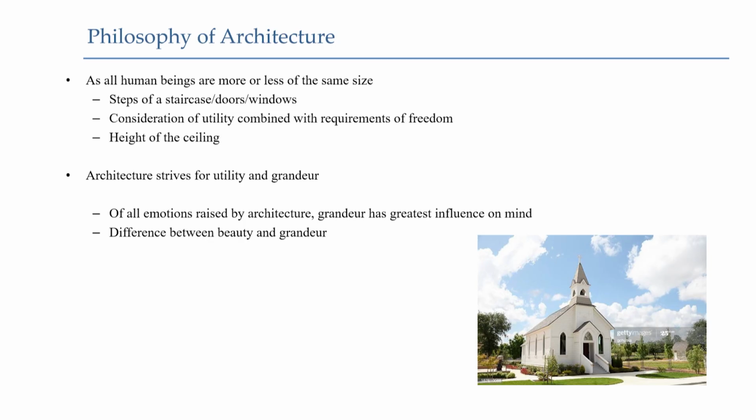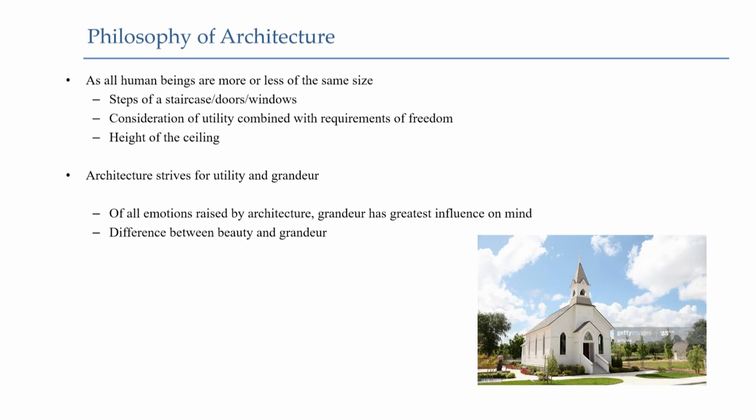So, in a house, if the height of the ceiling is about 8 or 9 feet, it is quite utilitarian and it is not at all grand. But the easiest way to make a building grand is to raise its ceiling height.